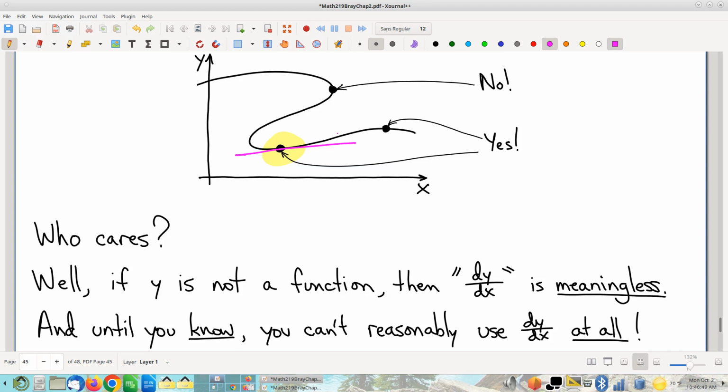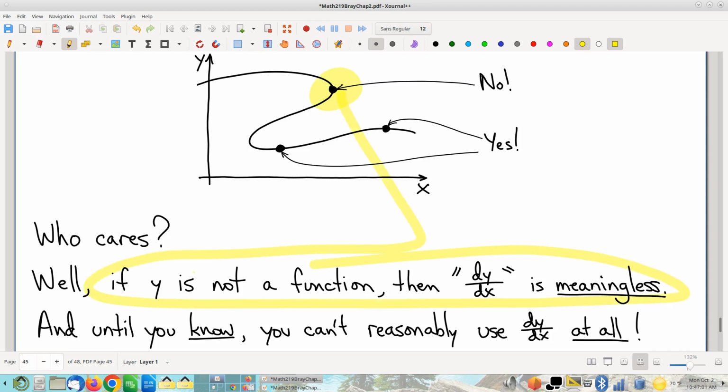But if you are looking at a point like this, where y is not a function of x at all, in any sense, no matter how myopic you are, then dy dx is meaningless garbage nonsense. And a lot of people get this wrong. A lot of people think, oh, well, wouldn't dy dx just be infinity here?